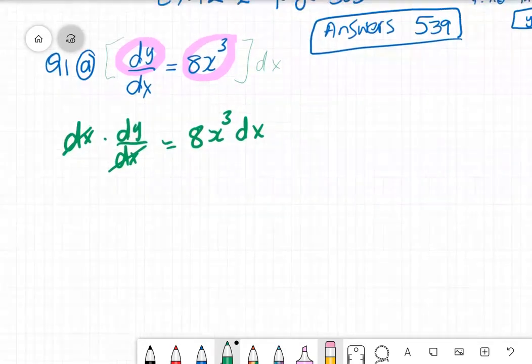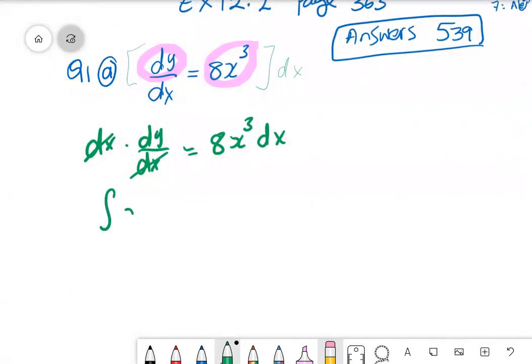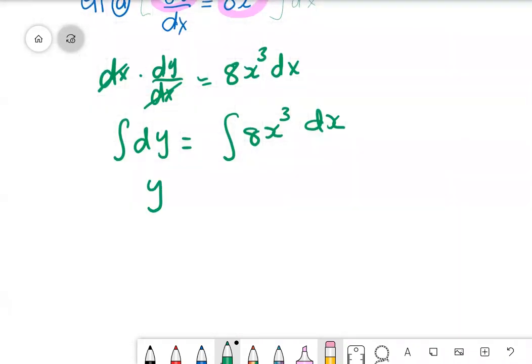So now we have the integration of dy equals the integration of 8x cubed dx. The integration of dy is y, and for 8x cubed you add 1 to the power, so it is 8x to the power 4, divided by the new power, which is 4. Then you simplify: 8 over 4 is 2. And plus c.